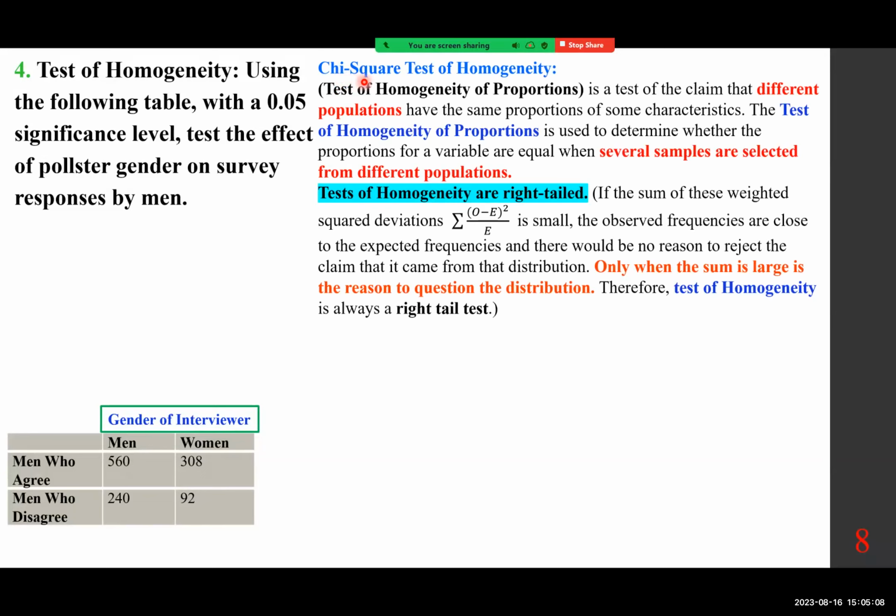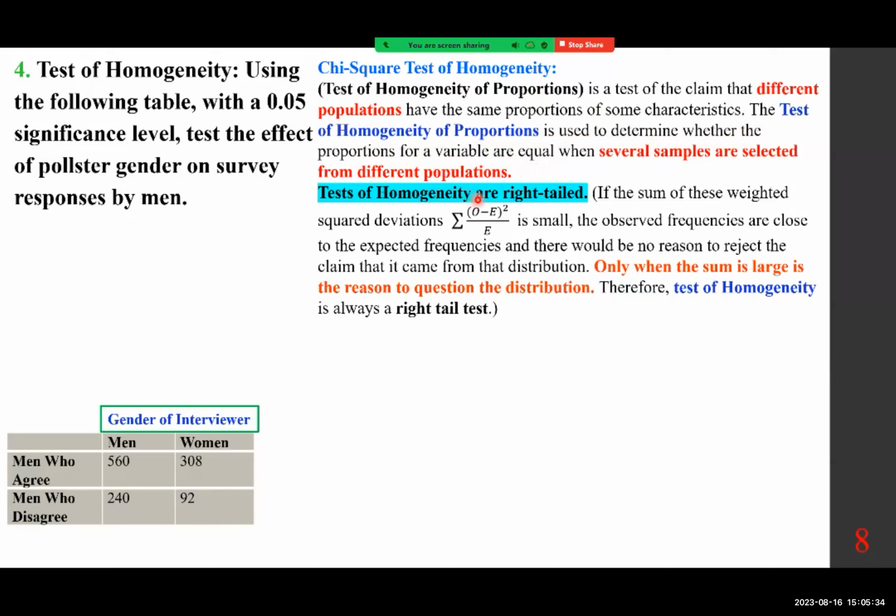Chi-square test of homogeneity. Test of homogeneity of proportions is a test of the claim that different populations have the same proportions of some characteristics. The test of homogeneity of proportions is used to determine whether the proportions for a variable are equal when several samples are selected from different populations.